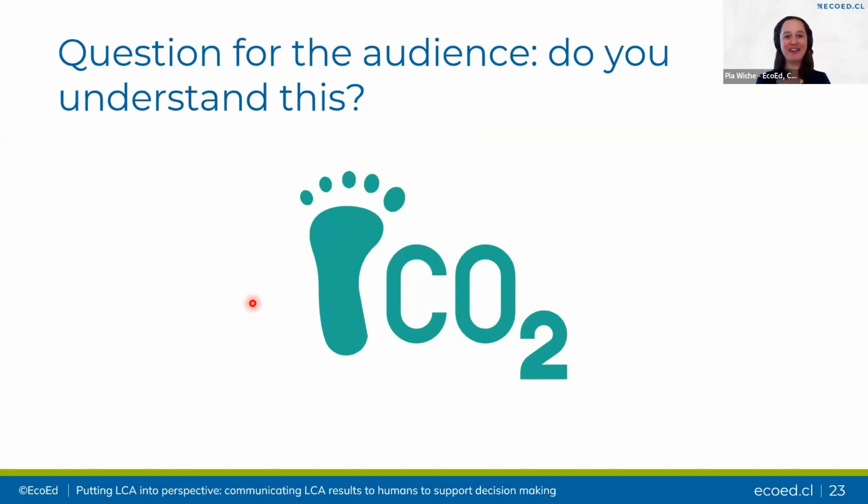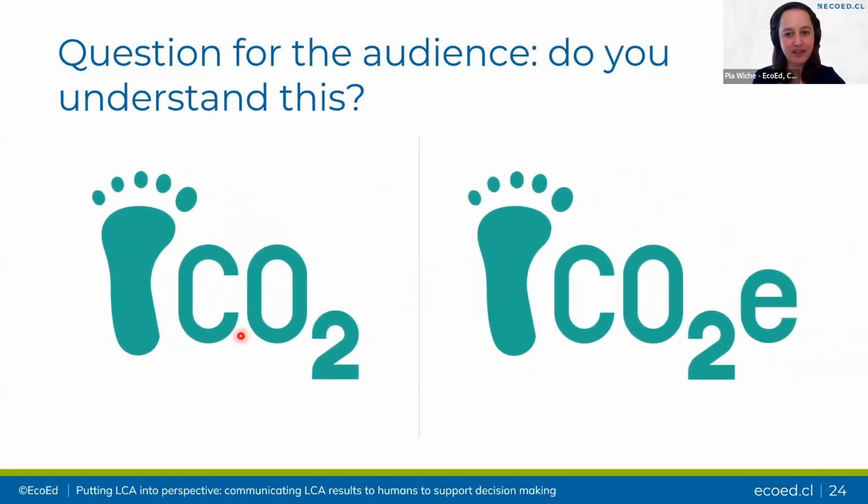Actually, I do have an example. This is a trick question, if you understood that, because we're actually trying to move into this. Many times we see the carbon footprint communicated like CO2. This causes a lot of misconceptions in the general audience. They think that it's only CO2. So when they start hearing about methane and all of the other gases, they are very much confused.